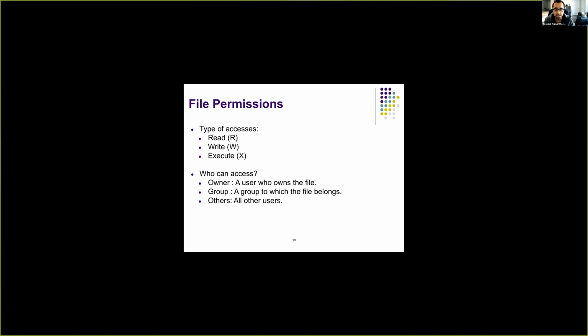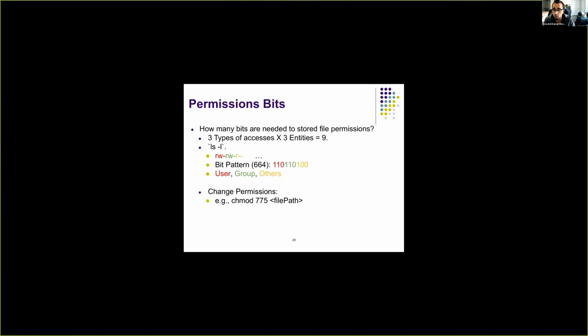So there are three categories of users who can access the file, and there are three types of accesses that any user can make onto the file. In total, we need 9 bits to represent the permissions of a file. These are represented using a bit pattern, which you can usually see when you do ls -l.